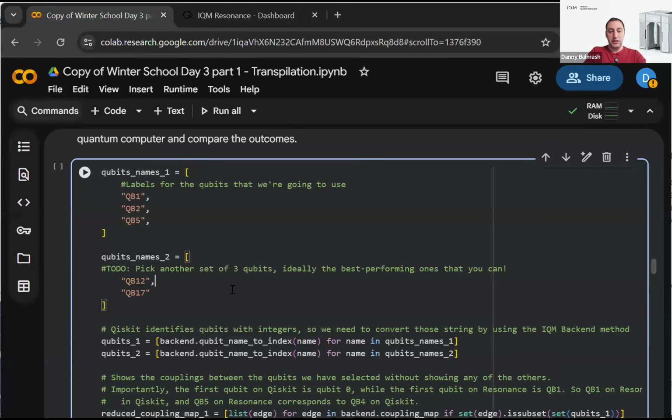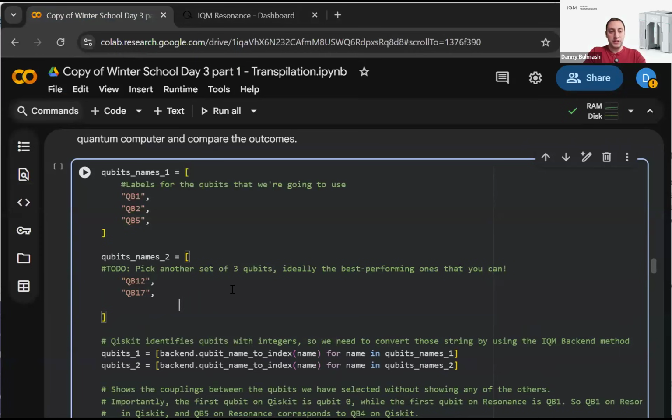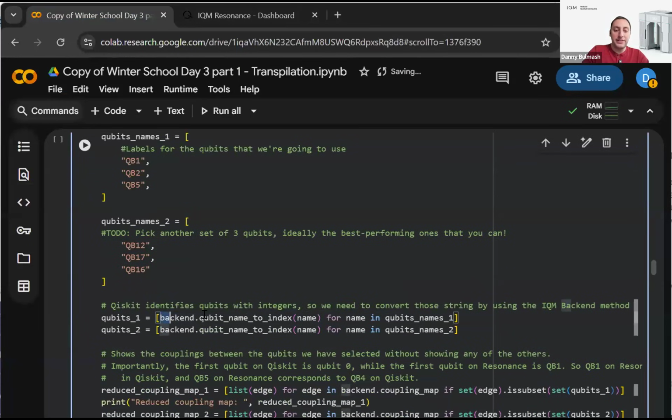The reason is that we have this method called qubit name to index, and that automatically takes care of the fact that the names in Resonance are not the same as the names of our qubits. So it's going to handle that for us, and we can just put in the qubits we want, just like this. The attendance link will be coming up. Don't worry.